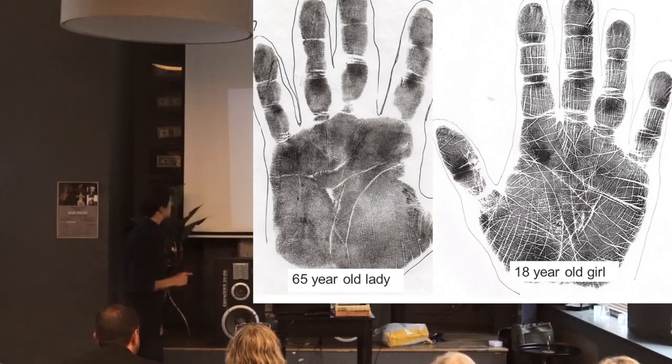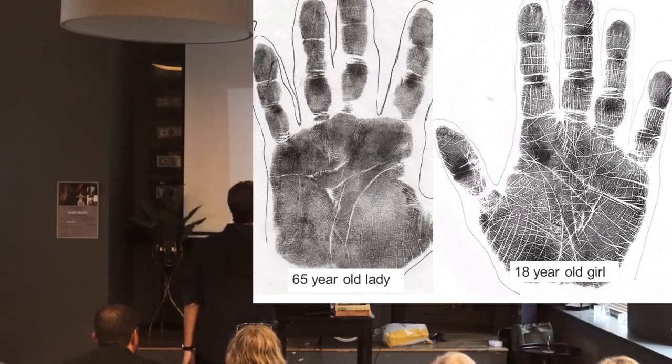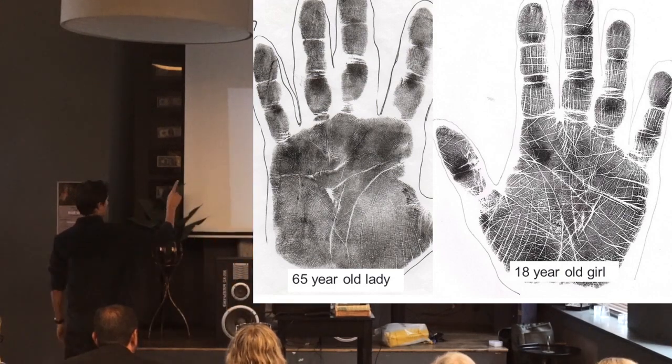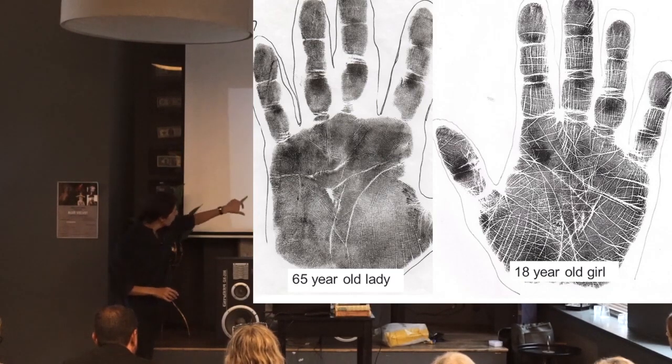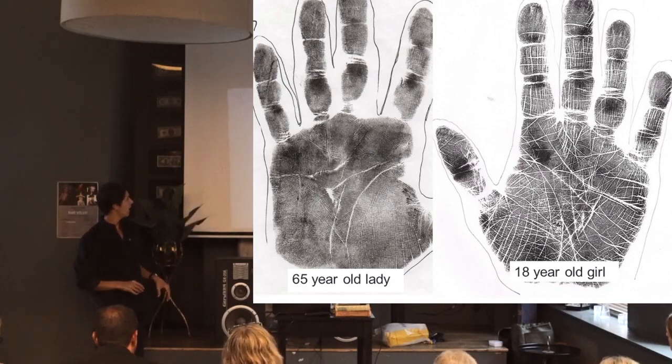Okay, so what we've got here is, on the left, a 65-year-old lady, and then an 18-year-old lady on the right-hand side, and depending on the projector, you can see all these different lines comparatively on the hand on the right.